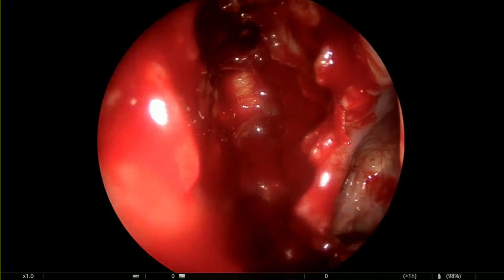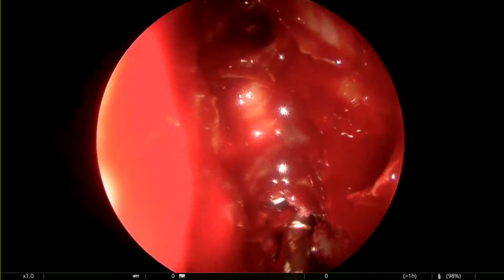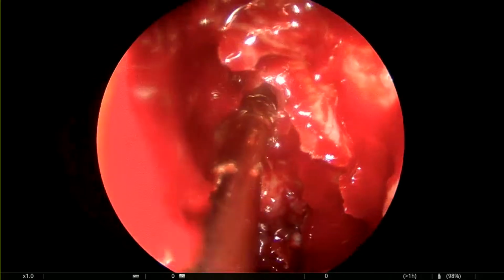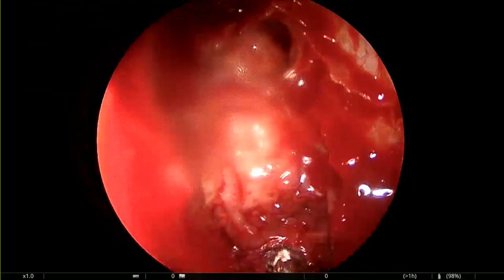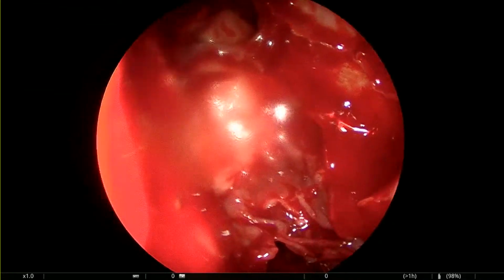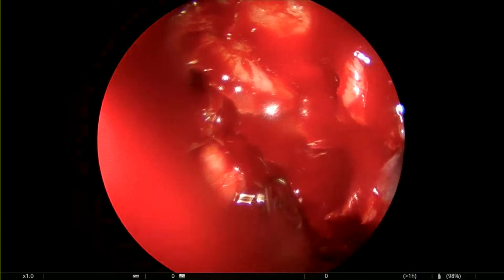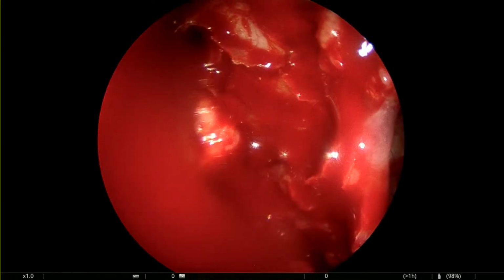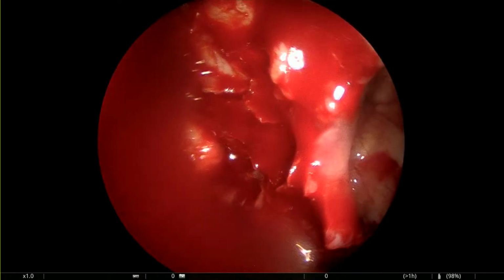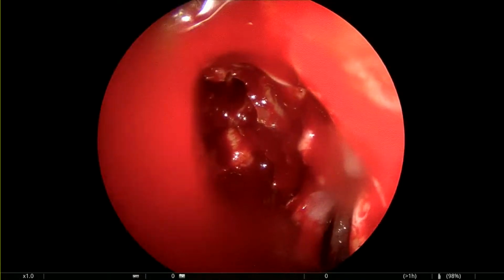Okay, so we control the maxillary sinus. Okay, the posterior ethmoid is here and the frontal sinus is here. So, ready? I remove this part of mucosa. Okay.